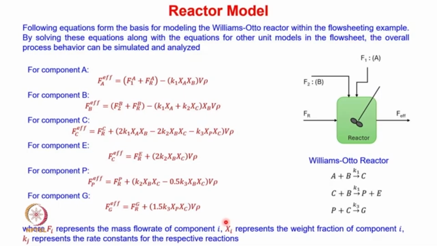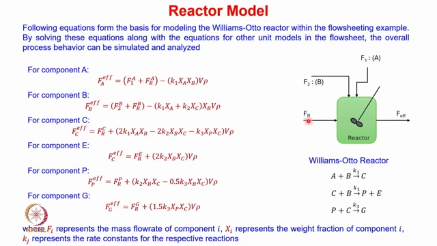Here F1A is the mass flow rate of A given as input through stream 1, and FRA is the mass flow rate of A which is present in the recycled stream.